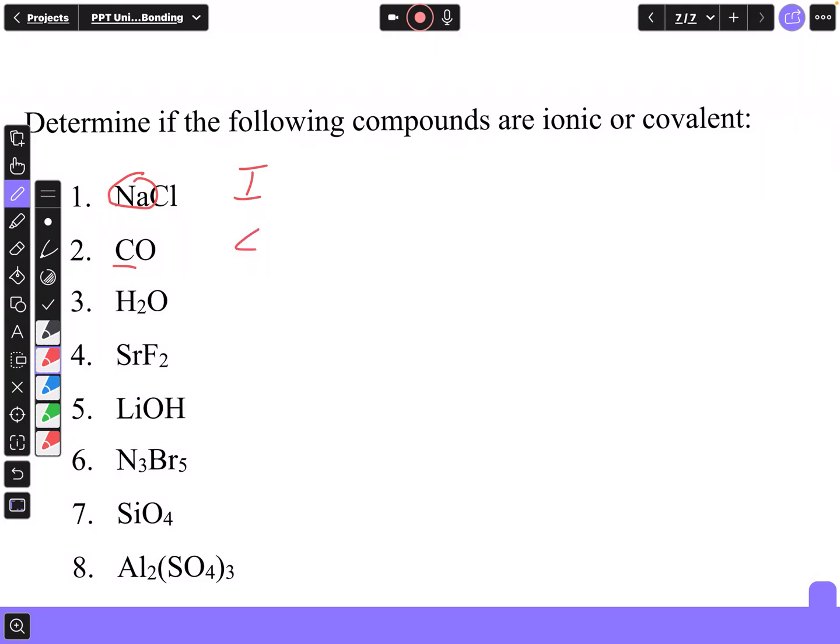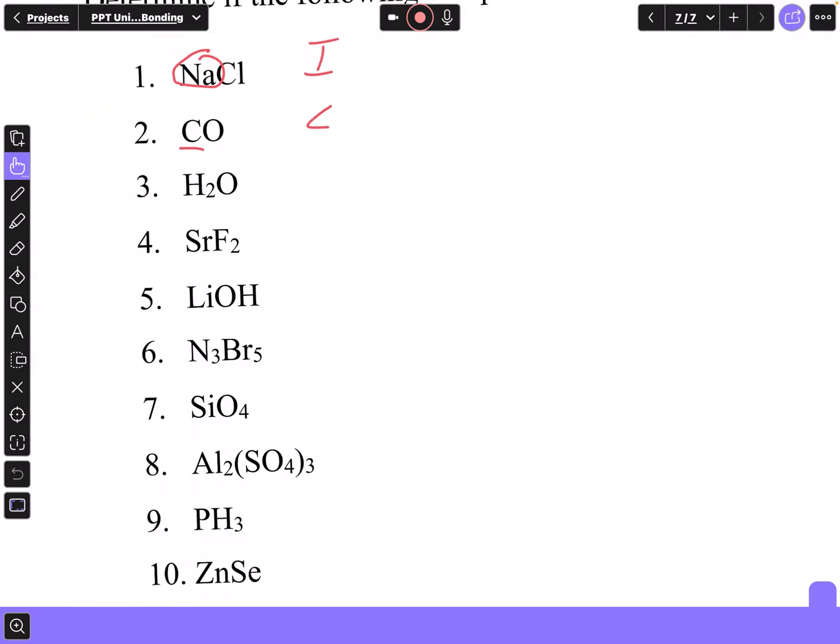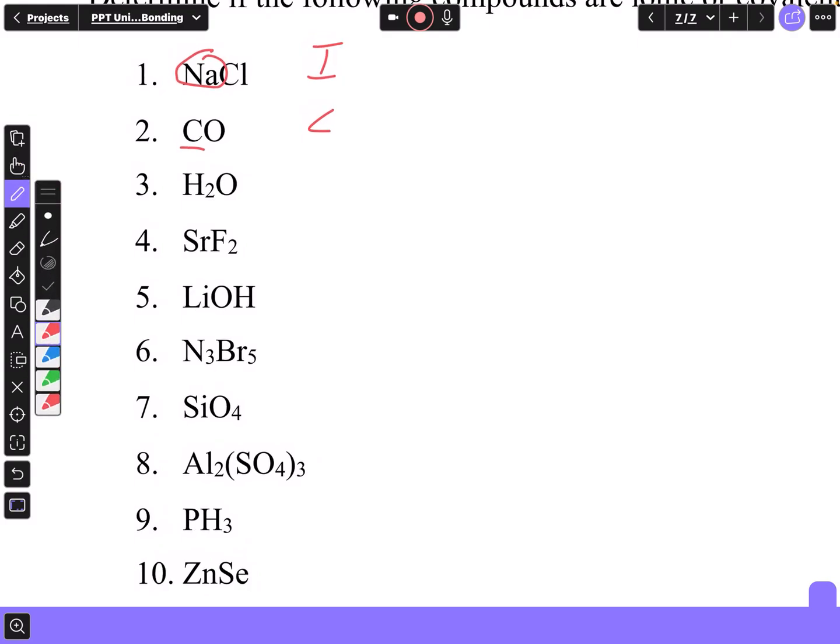The second element's always going to be a nonmetal. Next we look at H2O. If we look at H, well, that's on the left side of the periodic table, but it's our one exception. Hydrogen is a nonmetal. We place it in the first group for certain reasons, but it is a nonmetal. So H2O, water, is a covalent compound.